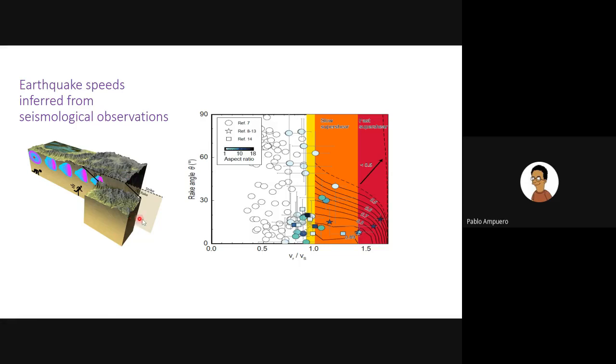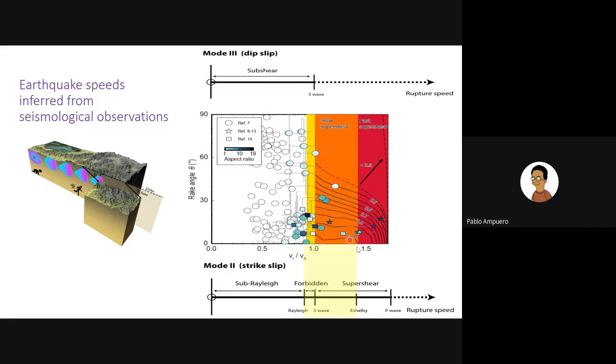And anything in between can occur in nature, and that's oblique slip. What we see here, for the dip slip earthquakes near the top, is that all of them are below S wave speed. And that's what we expected from theory for the dip slip events.